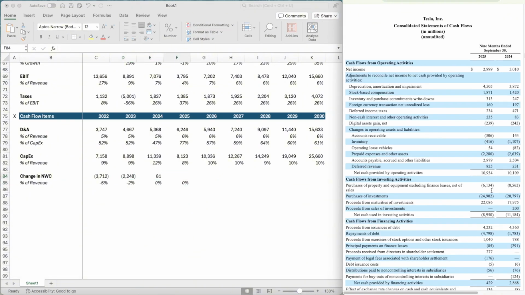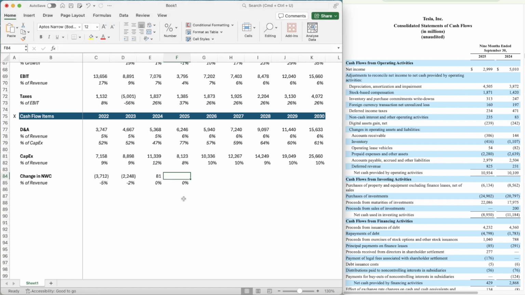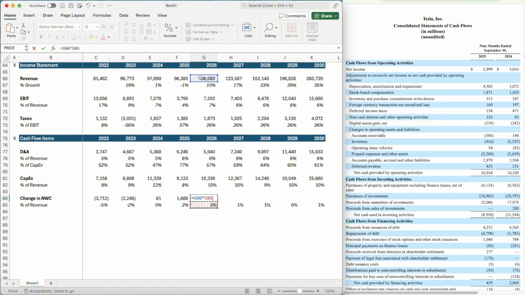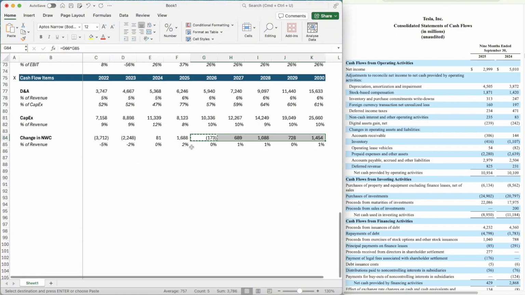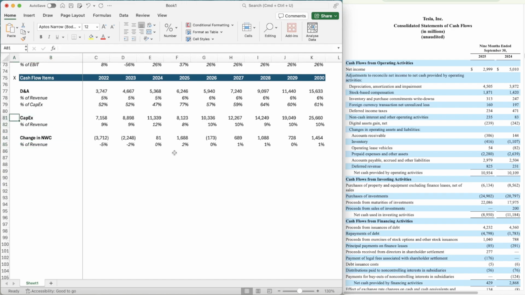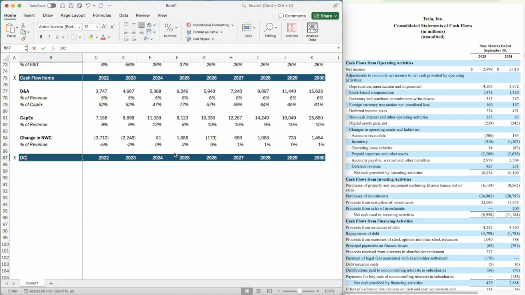Okay, what's going on here? Okay, yeah, looks good. Next section is the actual DCF.